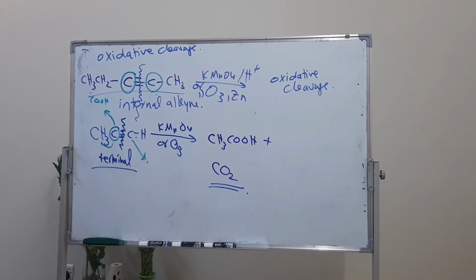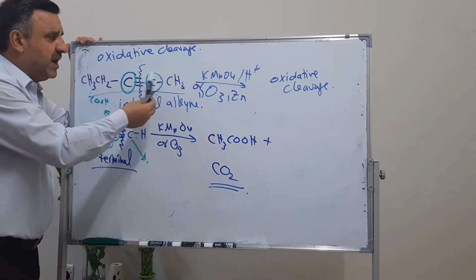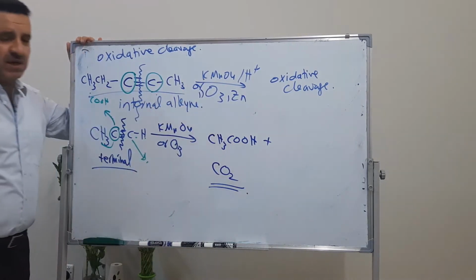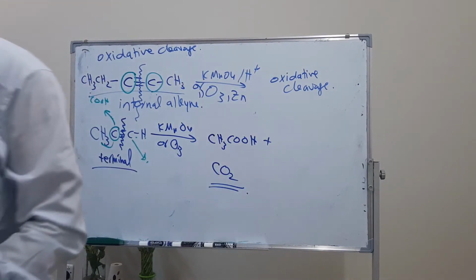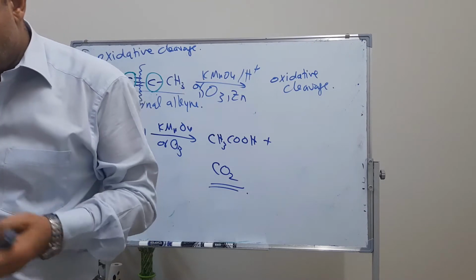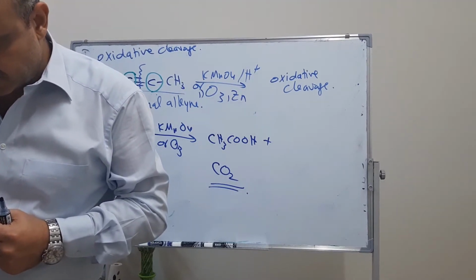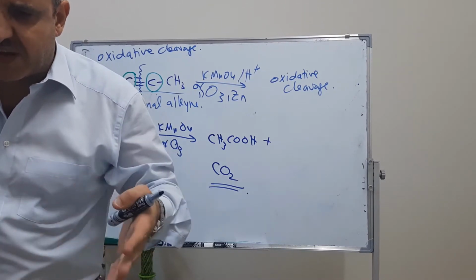All right. Again here now, if we allowed alkyne to react with KMnO4 or O3. Do you remember this reaction with alkene? The reaction of alkene with KMnO4 or ozone. What were we classifying this reaction as?